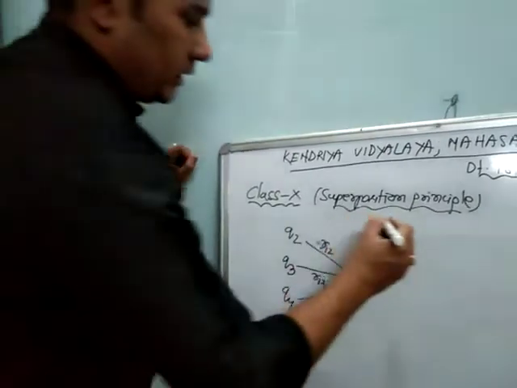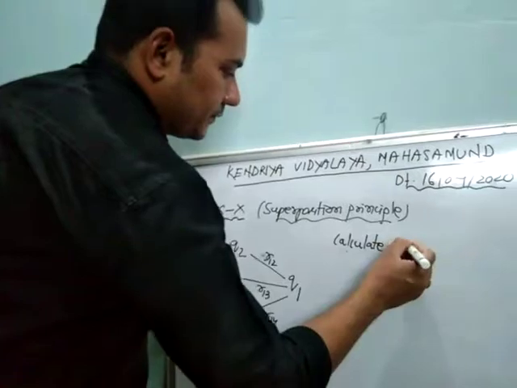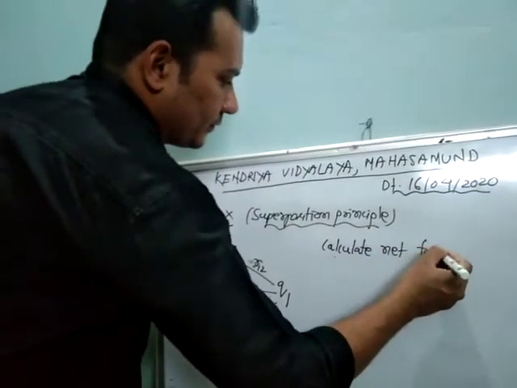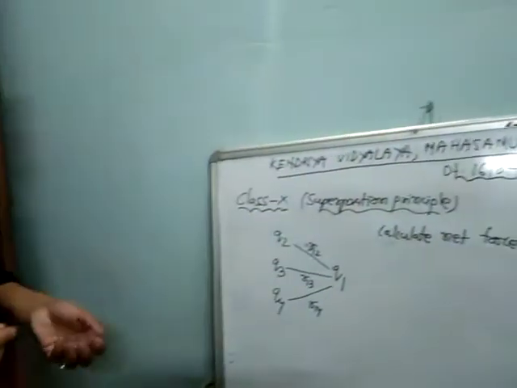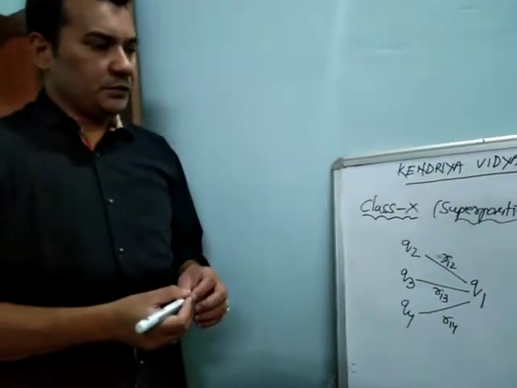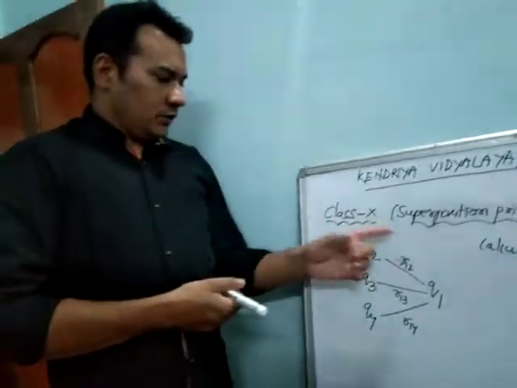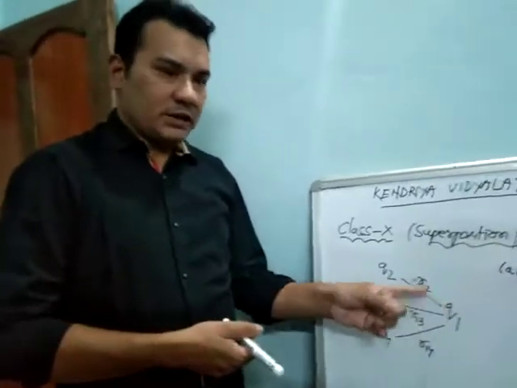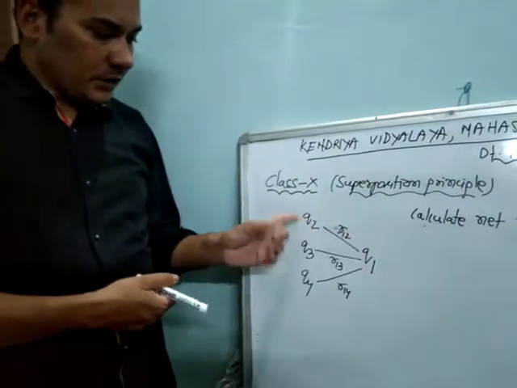Now you have to calculate the net force on Q1 due to all these three charges or 4 charges or 1 lakh charges. Then how to calculate the force? The superposition principle states that the resultant force on a given charge due to all other charges is the vector sum of the forces on the given charge due to the individual charges.